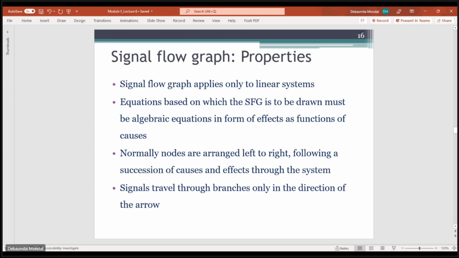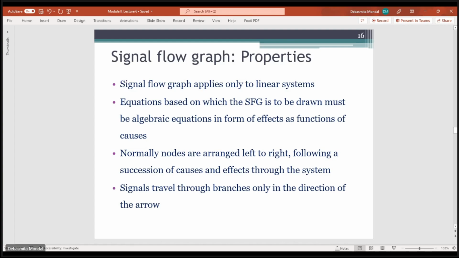The signal starts from the input, goes through all the different branches and blocks in between, and finally goes to the output, which is the effect. So your input is the cause and your output is the effect.